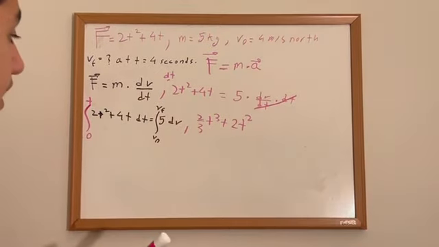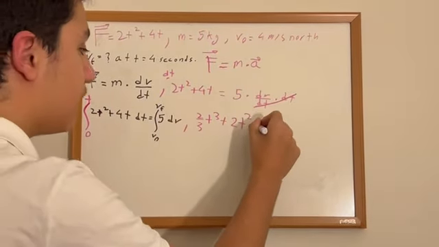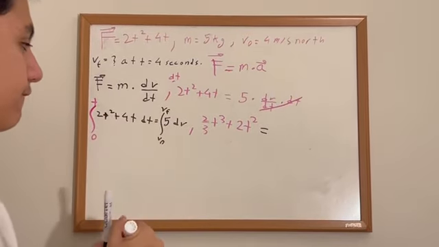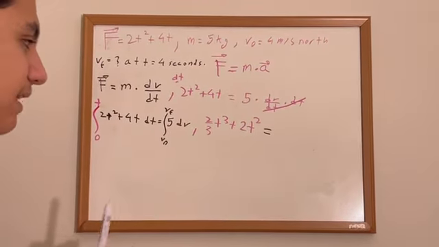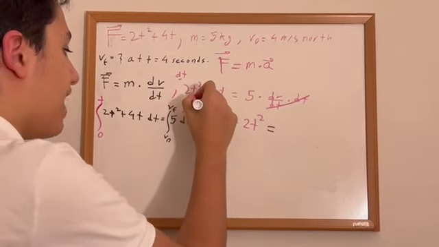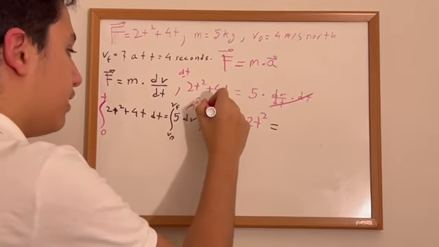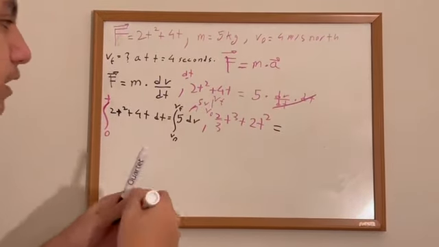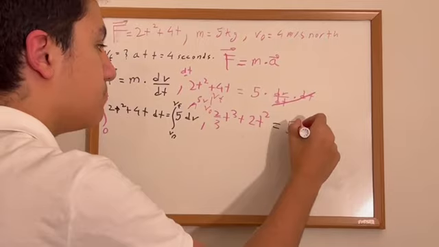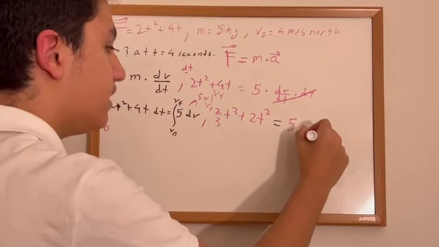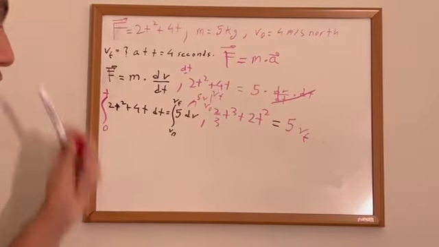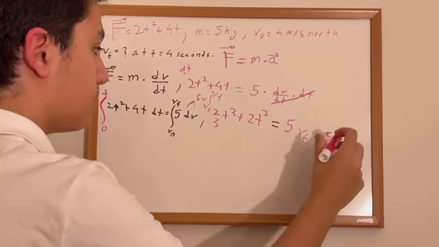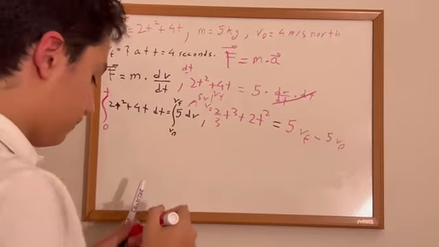On the right-hand side, when we integrate 5 with respect to the variable v, we get 5v, and then we evaluate from v0 to v final. When we plug in v final, we get 5 times the final velocity, which is our unknown, minus 5 times the initial velocity.